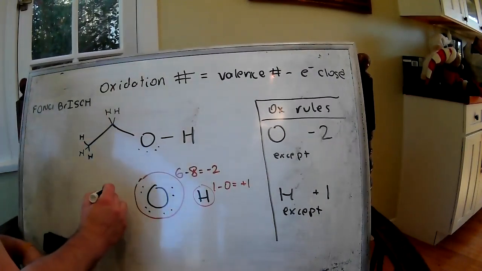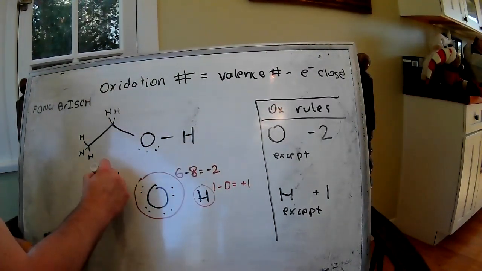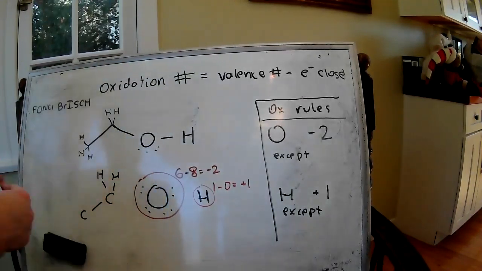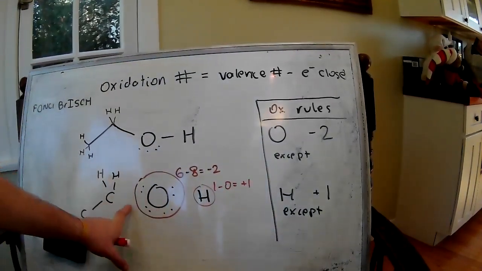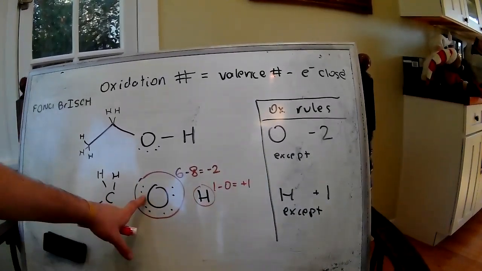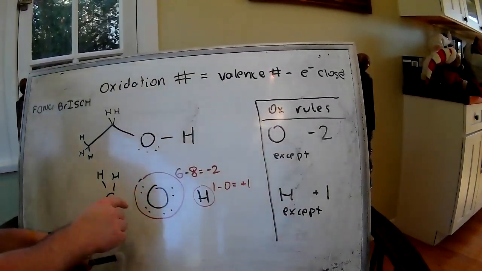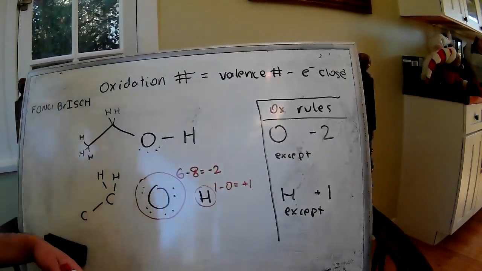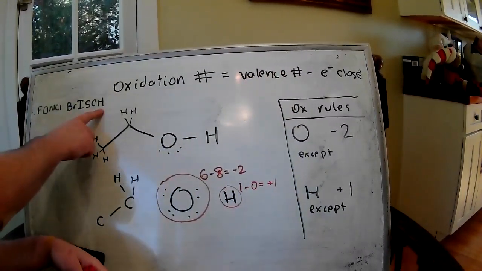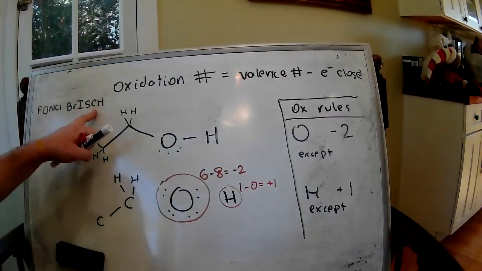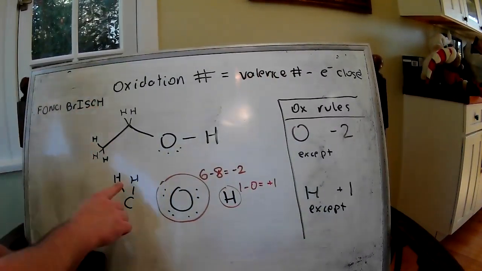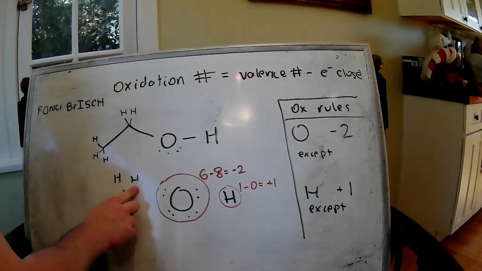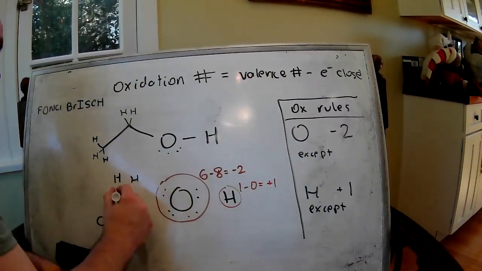So if we look at those guys in their individual contexts, we'll notice that this carbon had its electrons stolen by this oxygen here. So it's not going to get any electrons there. And if we refer back to our Fonkelbrish mnemonic, you see carbon's actually a little bit more electronegative than hydrogen. So for these 2 hydrogens, carbon is going to steal those electrons.